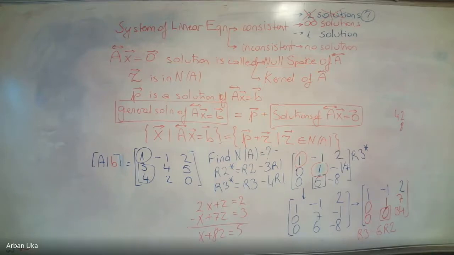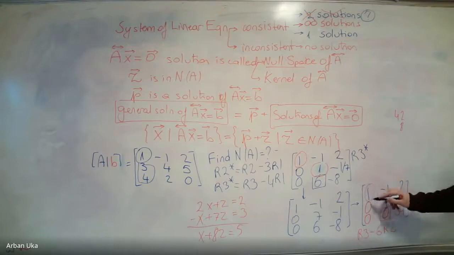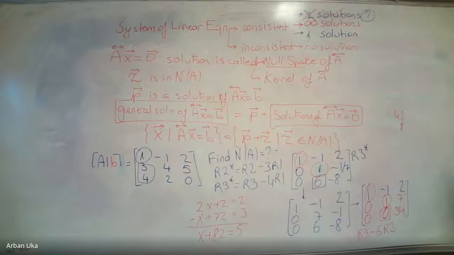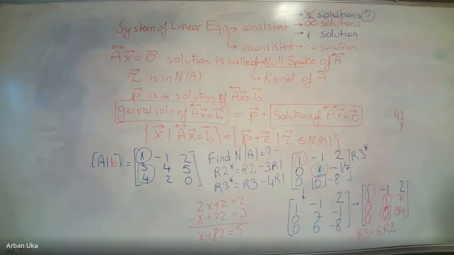34. Okay. Then what we can do next is that we have a leading one here, and here we have a 34. We can simply divide them by 34. Sorry, is it minus? No, I think it's plus.